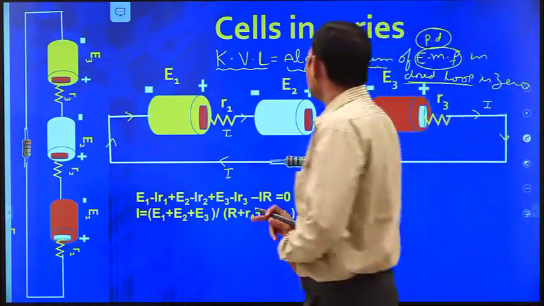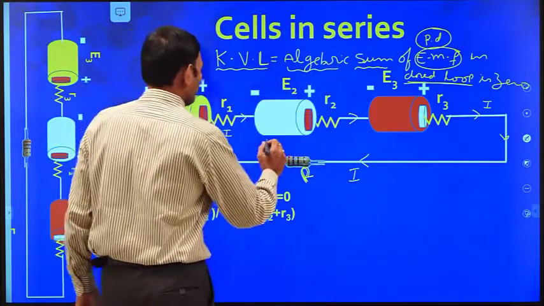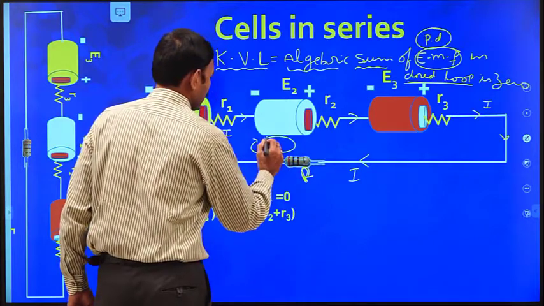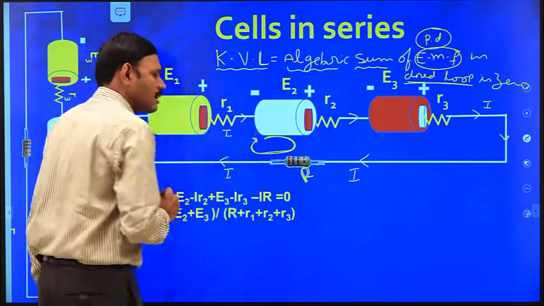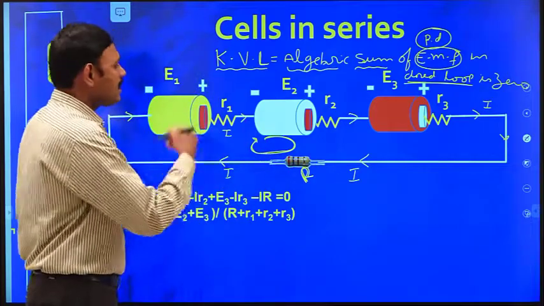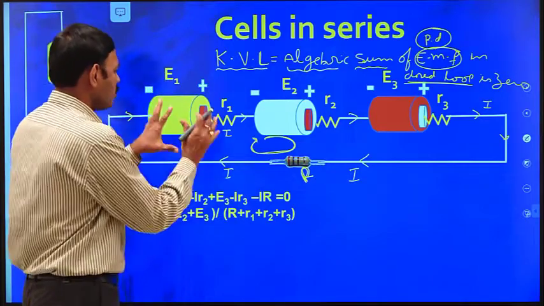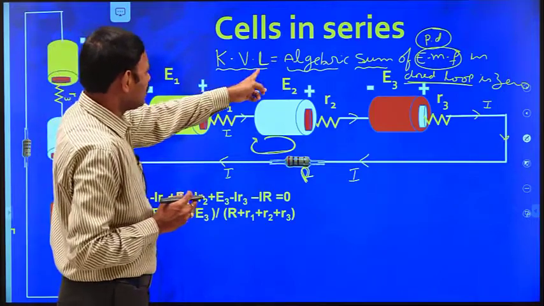And we will apply Kirchhoff's voltage law in the clockwise direction. This is the clockwise direction. Look into this explanation, I put a clockwise direction here. In this clockwise direction, we apply Kirchhoff's voltage law for this closed loop. What is Kirchhoff's voltage law?